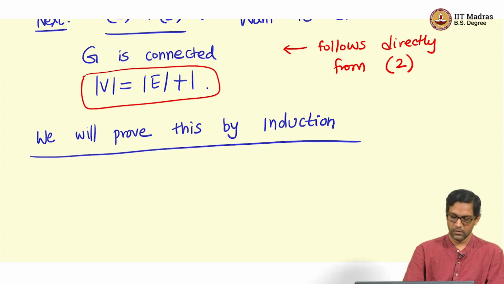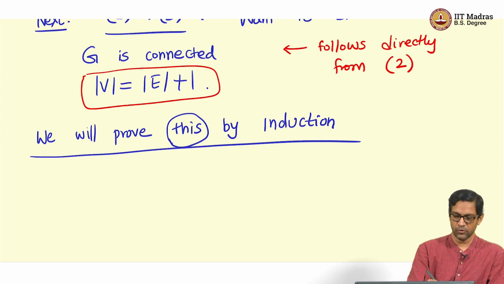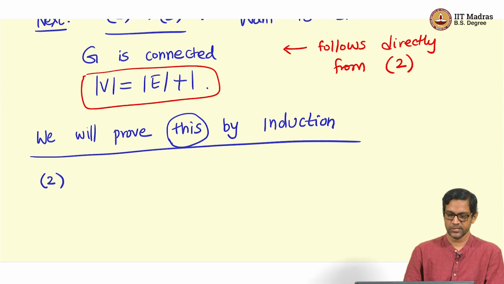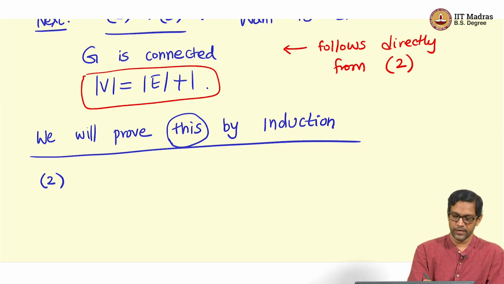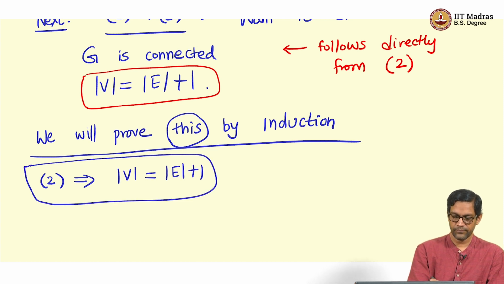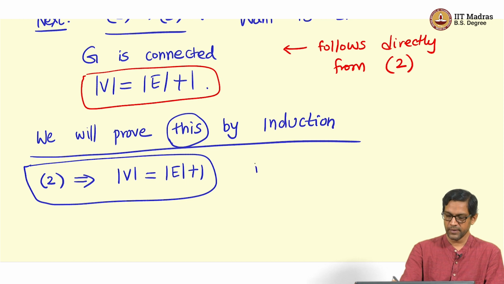Now what do we mean by prove this by mathematical induction? The statement I am going to prove is that if I assume 2, that there exists a unique path joining any two vertices, assuming that, I will prove that mod V has to be mod E plus 1. This is what we are going to prove. Okay, and we will prove this by doing mathematical induction.